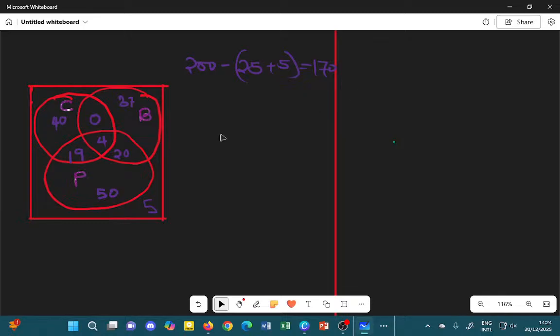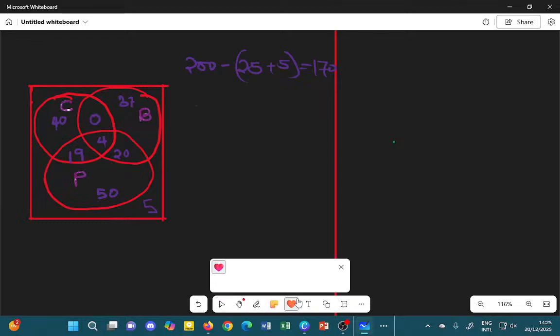So the first part of the question is actually drawing a Venn diagram, which we have accomplished.